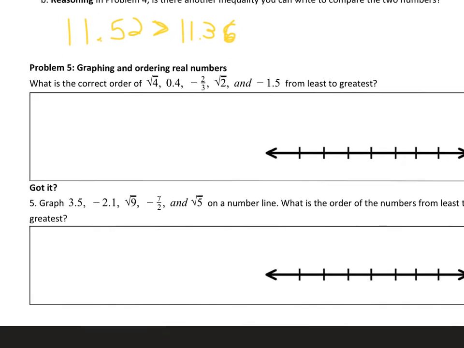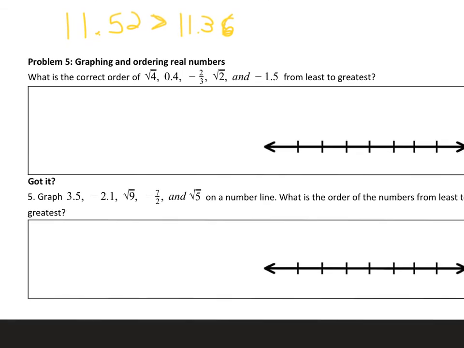Next, the correct order of numbers. Putting numbers on a number line. This is another thing where to compare them, it might help to get them as decimals. So square root of 4 is 2. I'll leave 0.4 alone. Negative 2/3 is about negative 0.67.